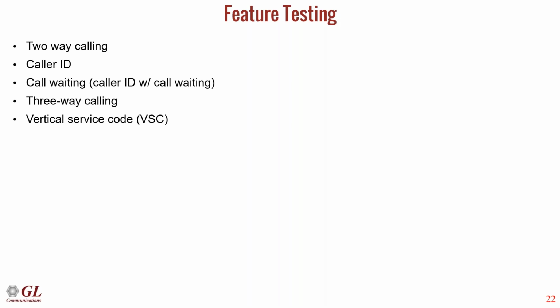So we can set up a flash hook. We can actually determine how long the flash hook is going to be. We can send multiple flash hooks for that matter. And then send DTMF. So by doing that, you can configure a different service during that call. And then we can confirm that that service is set up.